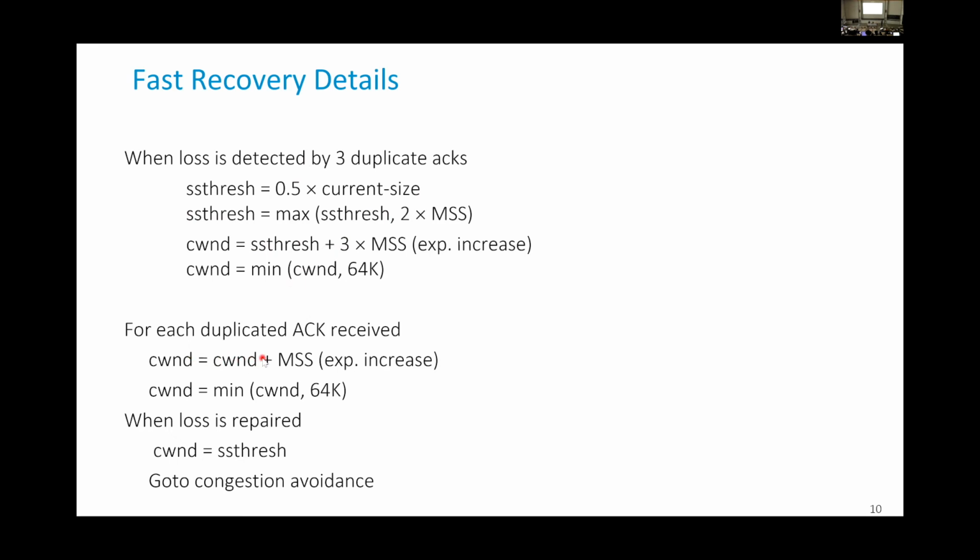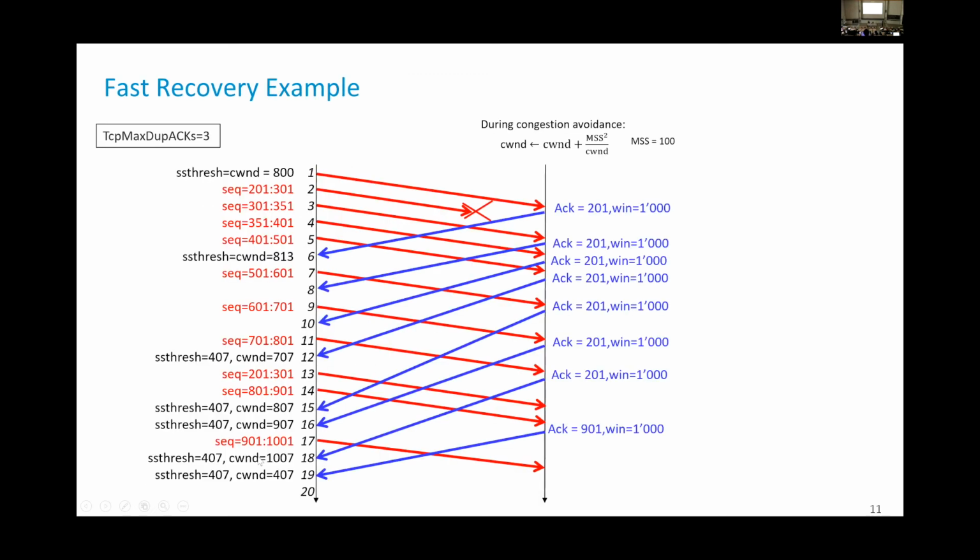For every acknowledgement that you receive, you will add 1 packet until you reach a maximum value. So in fact, you do an exponential increase, a bit like slow start, but not starting from 0, starting from half plus 3. Now, why is half plus 3 a good number? I don't know, but this is what is done. You do this until the loss that was detected here is repaired. And when the loss is repaired, as usual, starting with this value.